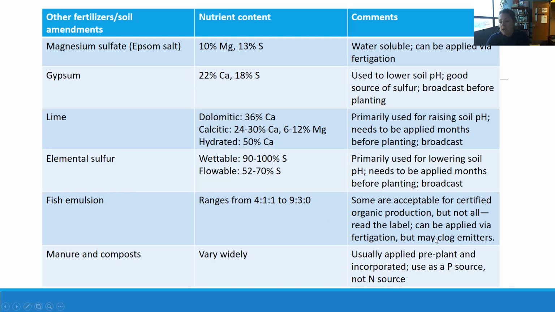The thing with fish emulsion is it is a liquid, but it can certainly clog your emitters. So be very careful if you're trying to use it with fertigation. You may end up with a mess on your hands. Most people have to dilute it with water in order to get it through a fertigation system.